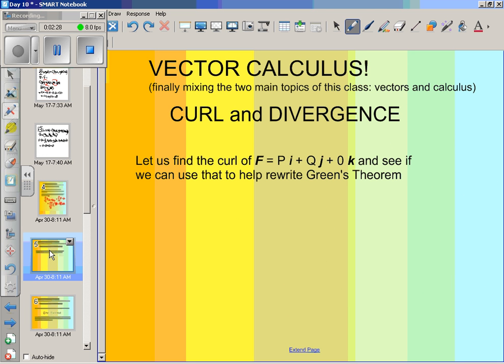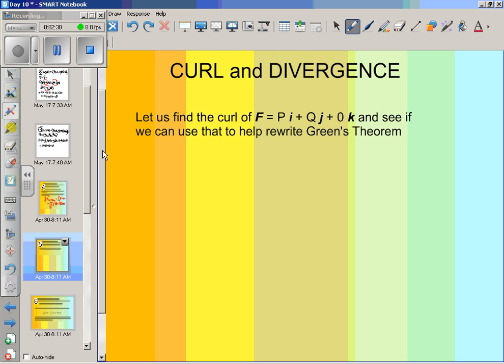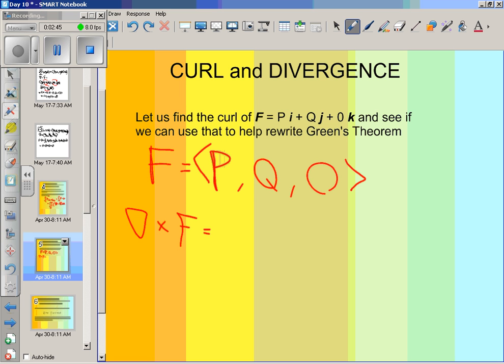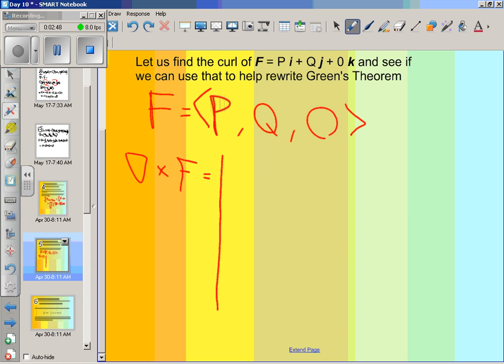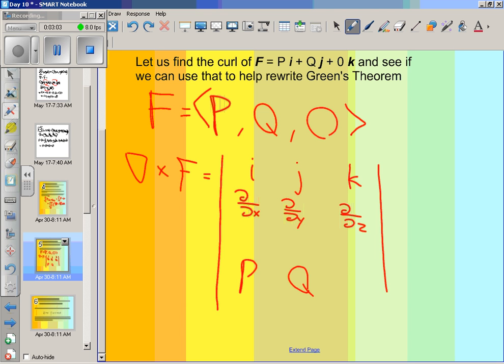Okay, so let's look at what the curl of this vector field will do. Again, our vector field is P, Q, and 0. Remember, the curl of F is the cross product of the del operator and F, so that's d/dx, d/dy, d/dz, and then P, Q, and 0.